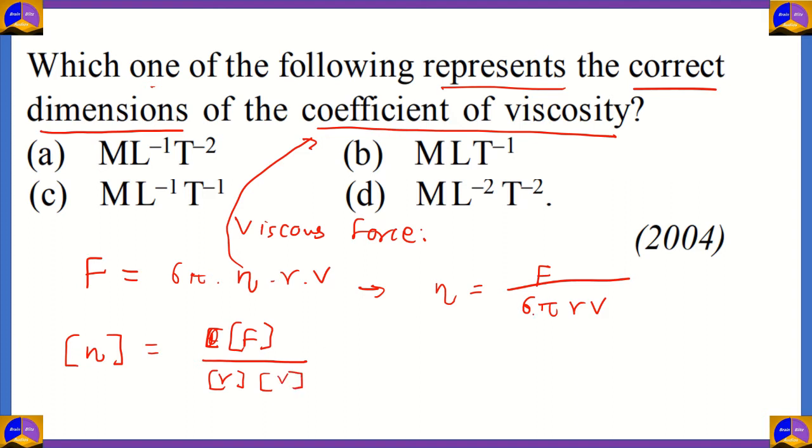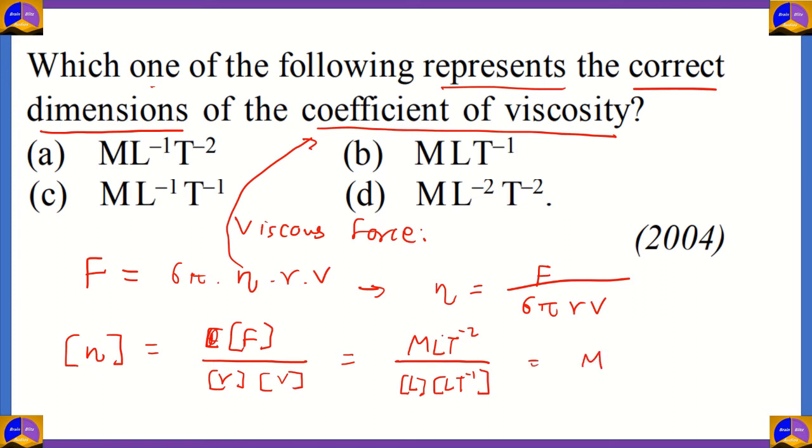The reason why we ignore 6 pi is because it's dimensionless, so you don't need to include it when calculating dimensions. So the numerator is MLT power minus 2, and the denominator is L times LT power minus 1. Mass stays the same.